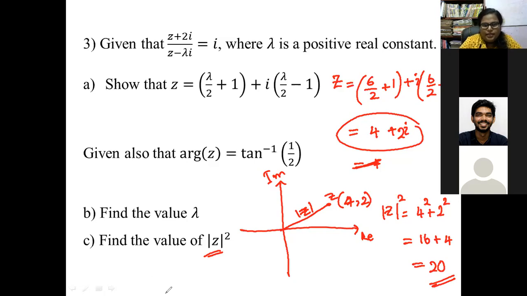Please hurry up. Can you please tell me whether finding this lambda value and finding this modulus value is clear for you? Please hurry up. Samadhi is saying yes, right?